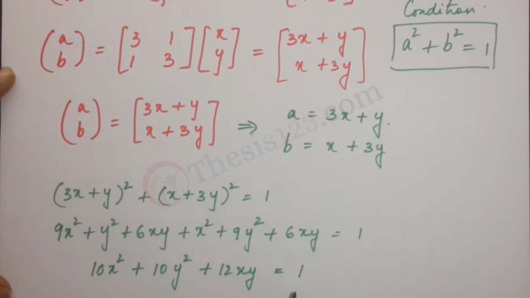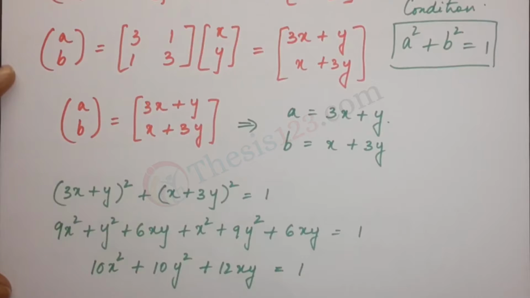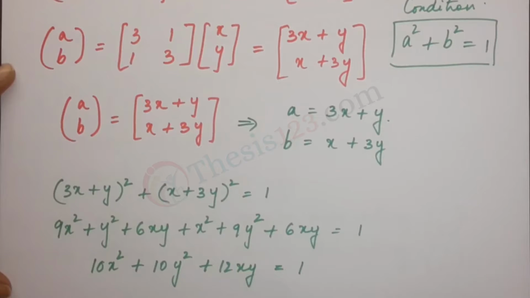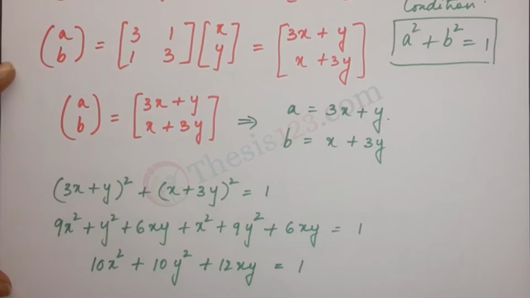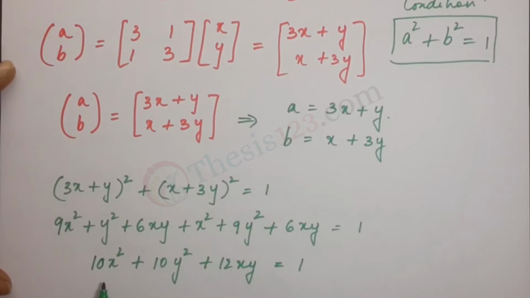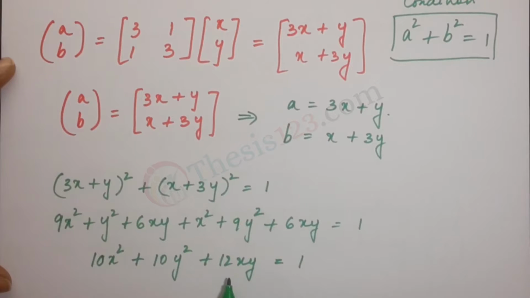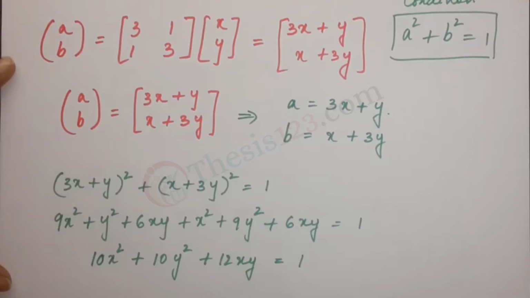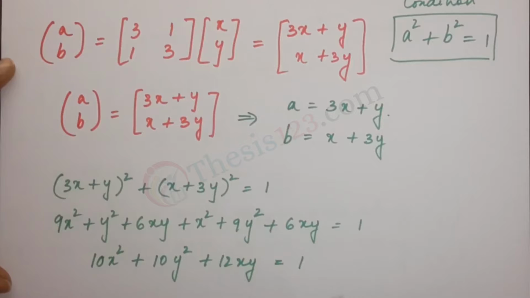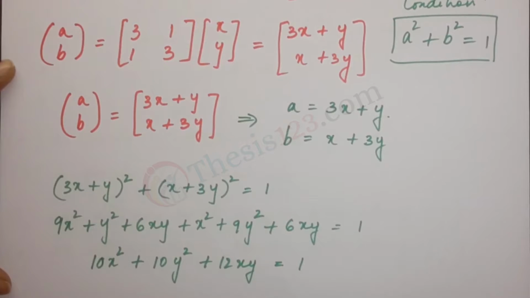Now this equation cannot be written in the standard form of a circle, which means the circle rules out, because we have 10x square plus 10y square plus 12xy. We have an xy term.